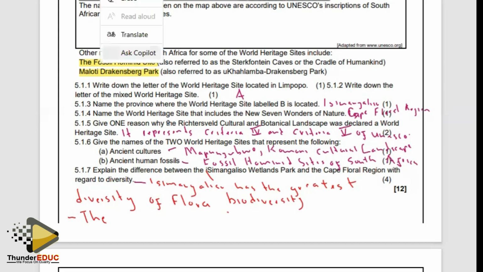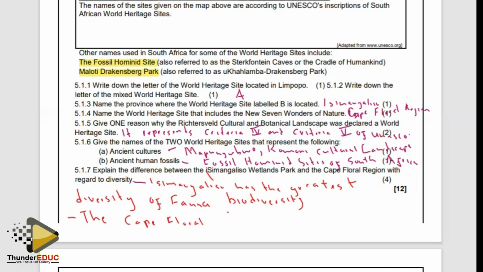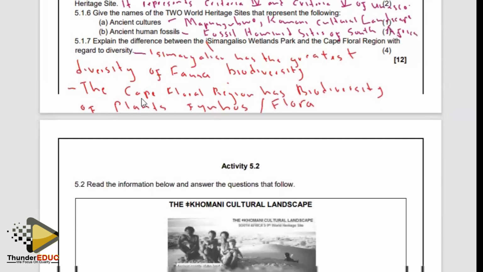Sorry, word of correction. So that is the difference between the two.